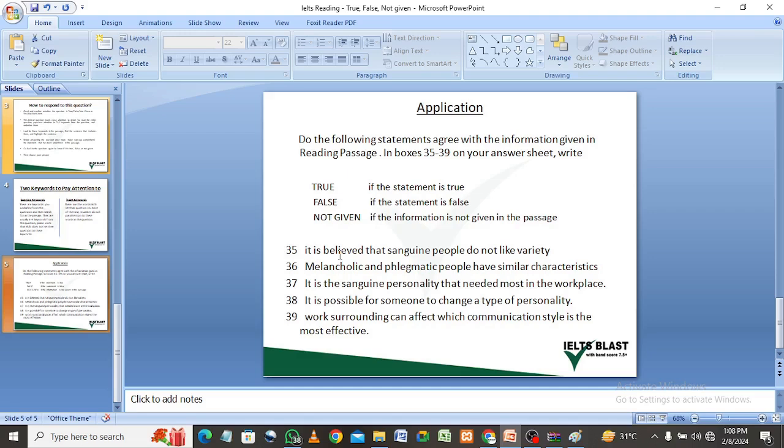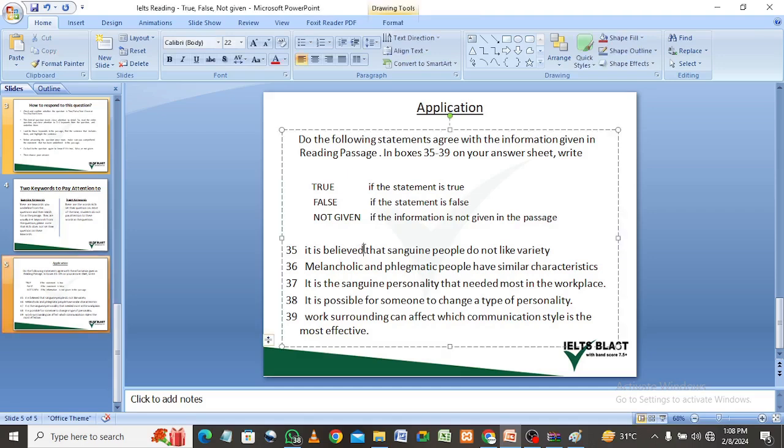The scanning keywords here are belief, sanguine, and then variety. These are the what? Scanning keywords.